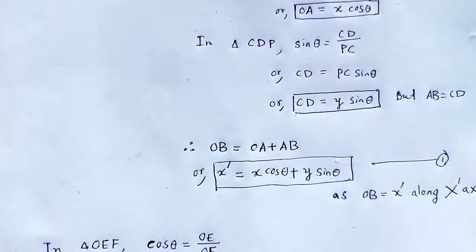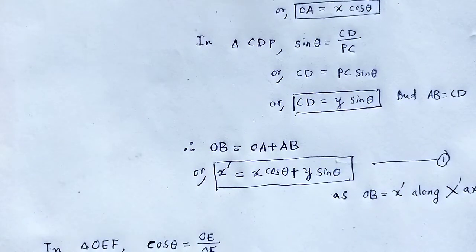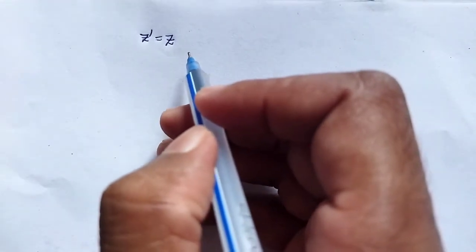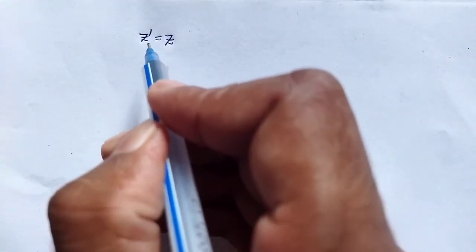Finally, we can write z dash is equal to z, as we rotate by taking the z axis as constant.